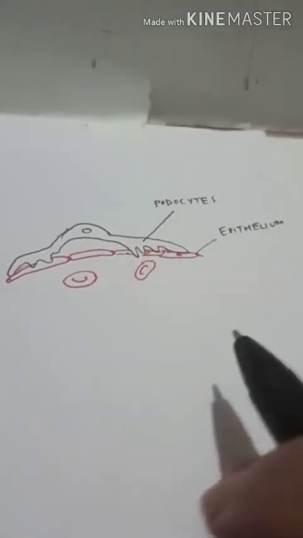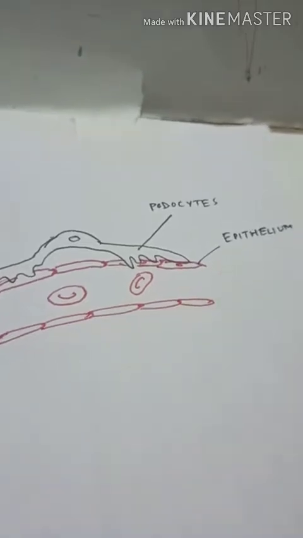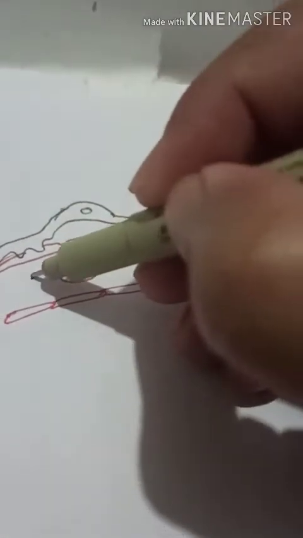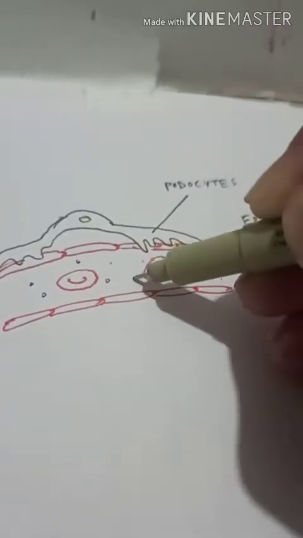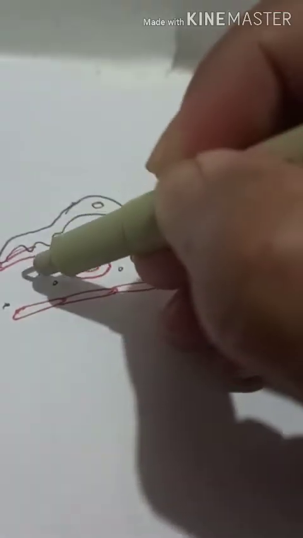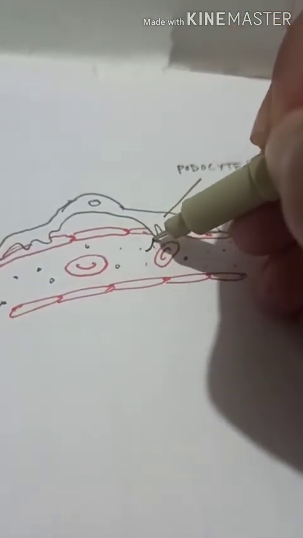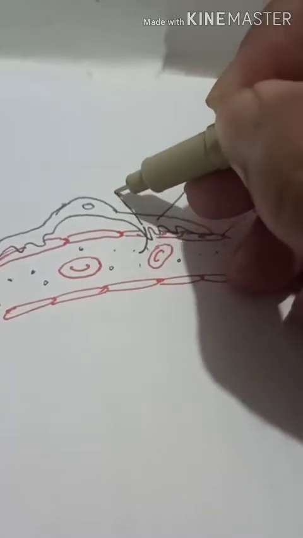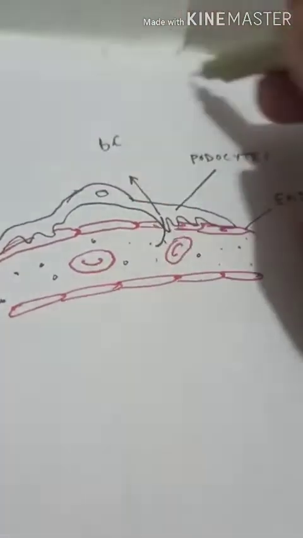So this blood that is running through this area has a large amount of dissolved particles, solutes and everything, all present right there. All the solute particles get absorbed through this podocyte layer, and then enter straight into the Bowman's capsule, because this is the inner chamber of the Bowman's capsule.